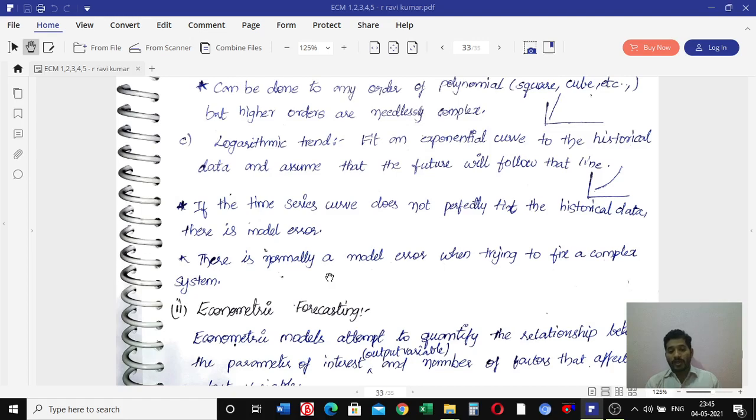There is normally some model error when trying to fit a complex system.